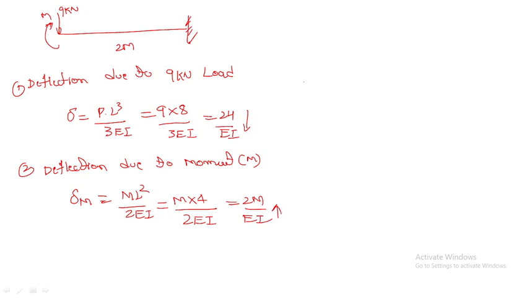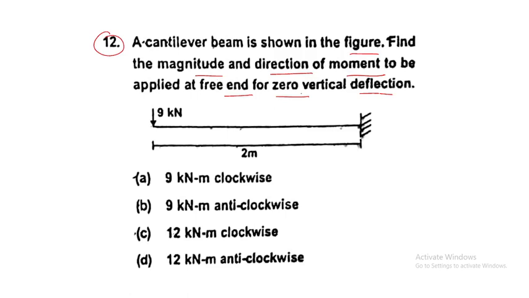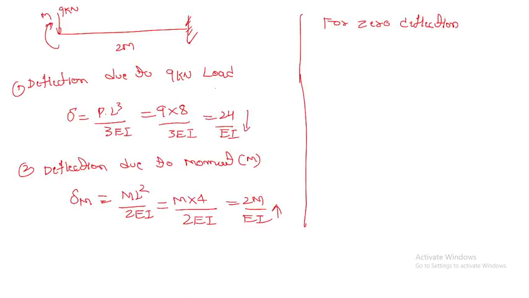For zero deflection, what is the actual question they are asking? To make zero deflection at the free end, how can we take the value now? Delta equals delta M, where one is downward and the other is upward.